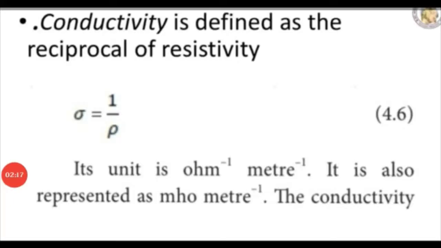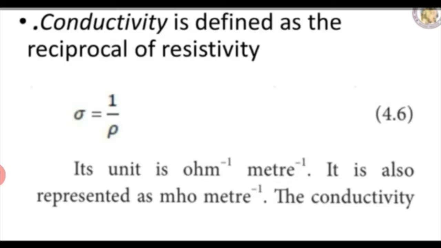Next, we'll see the definition of conductivity. The reciprocal of the resistivity of a material is called its electrical conductivity. Sigma is equal to 1 by rho.